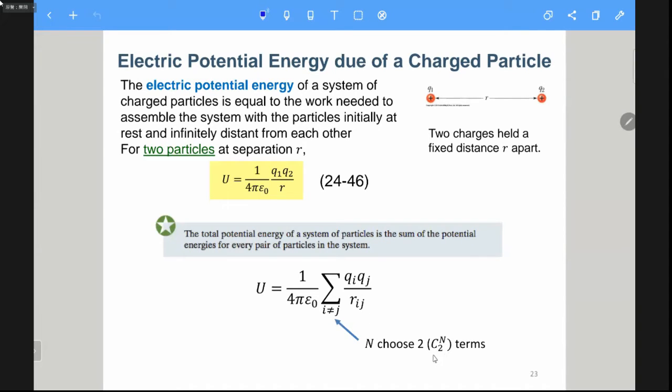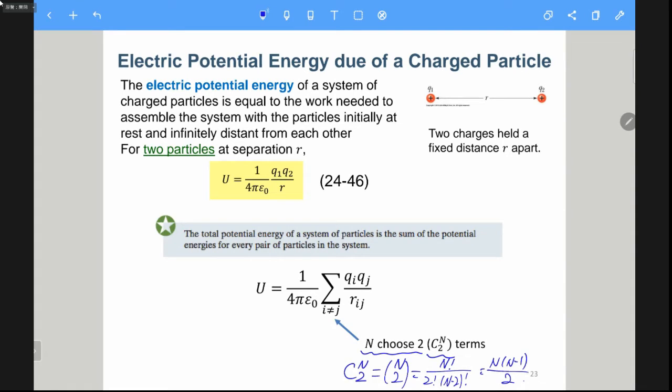So altogether we will have NC2 terms, N choose 2, which you learn when studying combinations. Some textbooks write it as bracket N over 2, which is N factorial over 2 factorial times N minus 2 factorial, which is nothing but N times N minus 1 over 2.